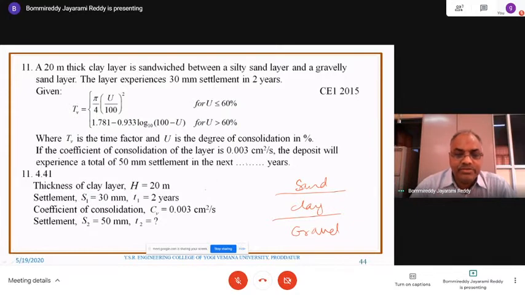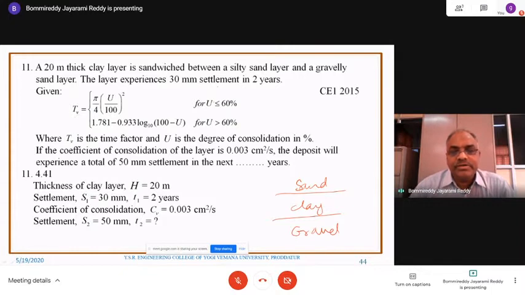So here the question is, in 2 years the settlement is 30 mm. In how many years will the settlement equal 50 millimeters? And for computation of time factor Tv, the values are given.